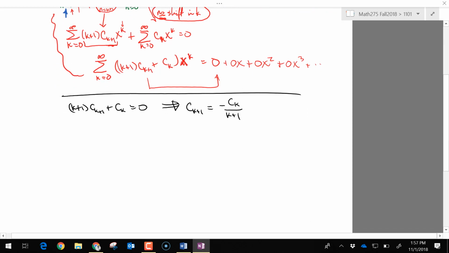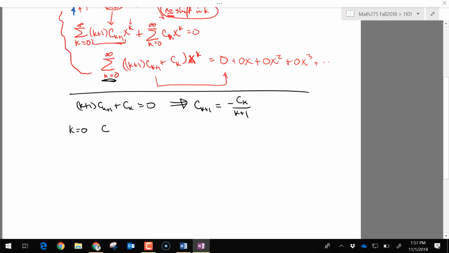So what is this series actually going to look like? When k is equal to 0, c sub 1 is equal to negative c sub 0 over k plus 1, so 0 plus 1.